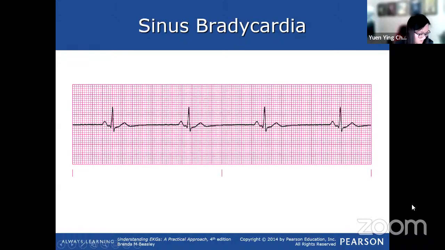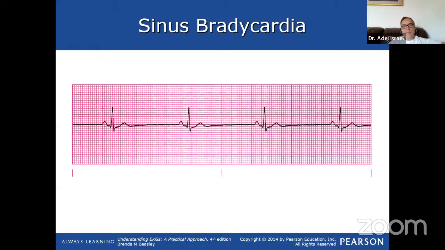So the first one is the heart rate. 1, 2, 3, 4 is 40. Okay, 40. Very good. And then the second, I can see that it's regular. Regular, correct? Because she noted that the R to R interval is almost the same.